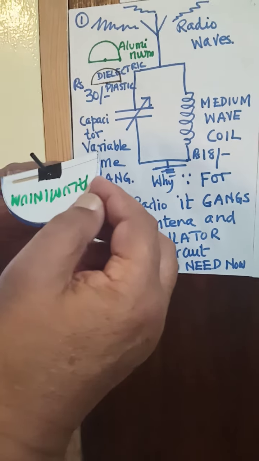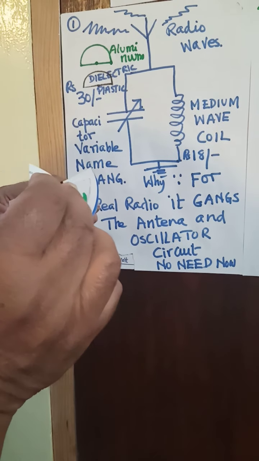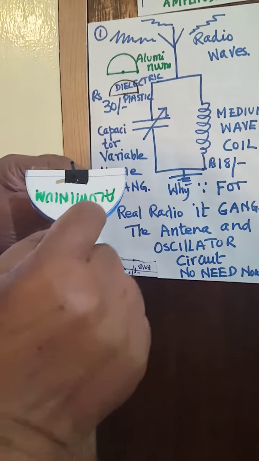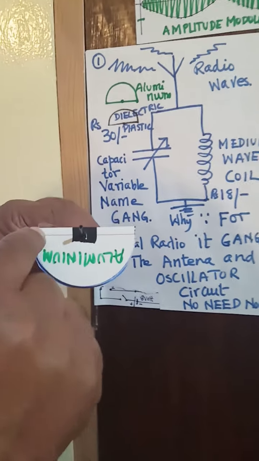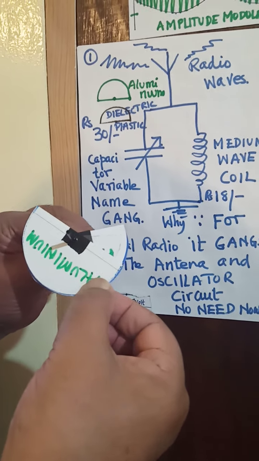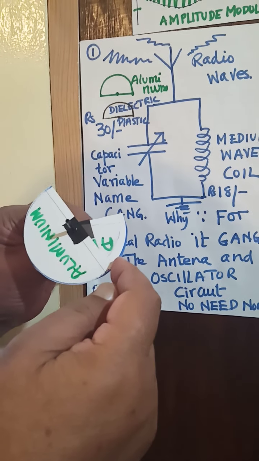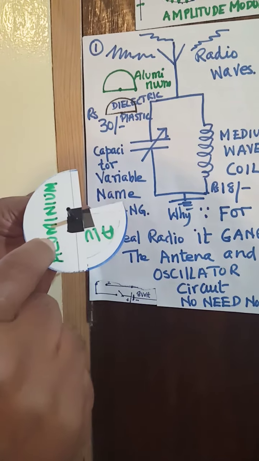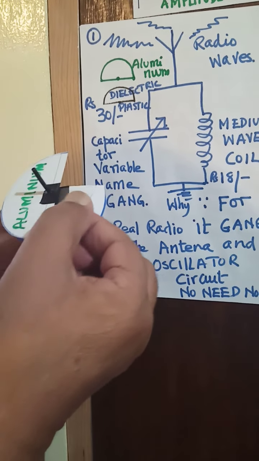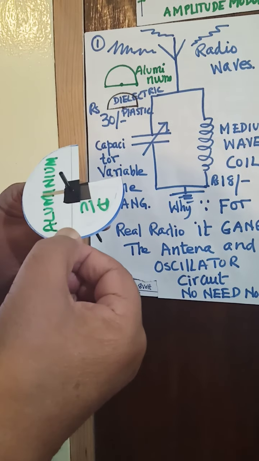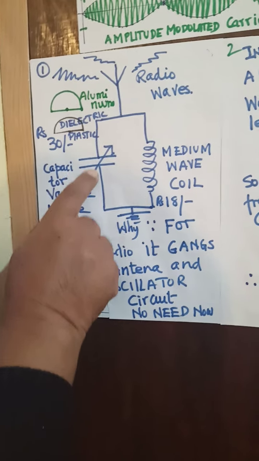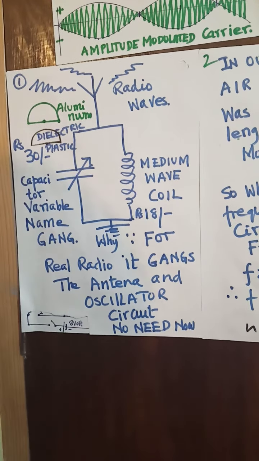So this is d, and the dielectric is plastic, and the area is the hemisphere, the semicircular area. Now, if I tune this like this, the area will keep on decreasing. The area between this aluminium plate and this one, separated by a dielectric, will keep on decreasing. So in this way, I can vary the capacitance. See, this arrow means I can vary the capacitance.